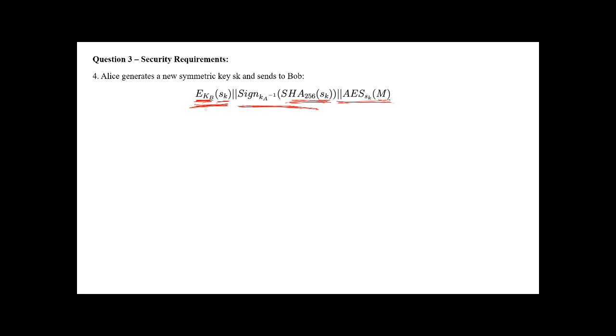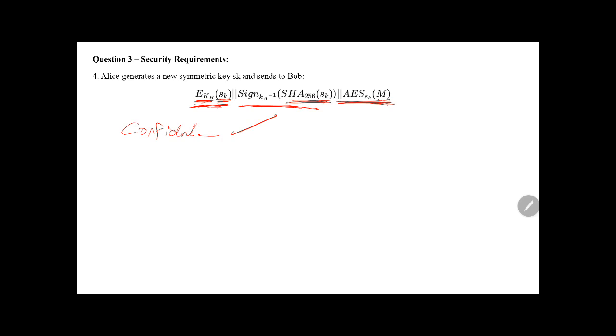So this part here ensures that Bob is the only one who is able to decrypt this part. So he's the only one who is able to decrypt the symmetric key, and this message here encrypted with AES. These both satisfy confidentiality. Okay.